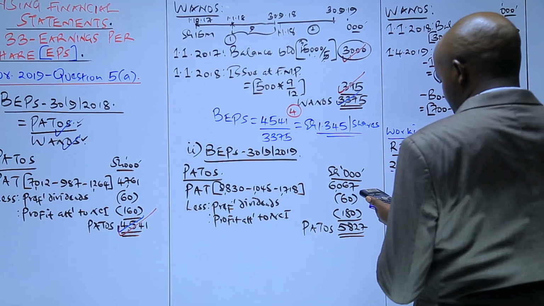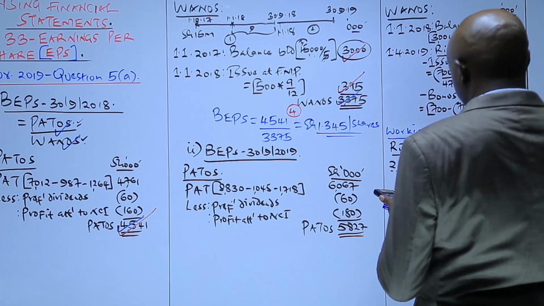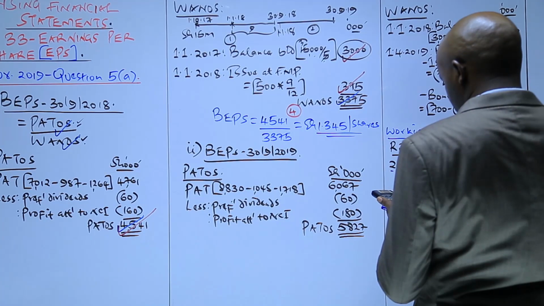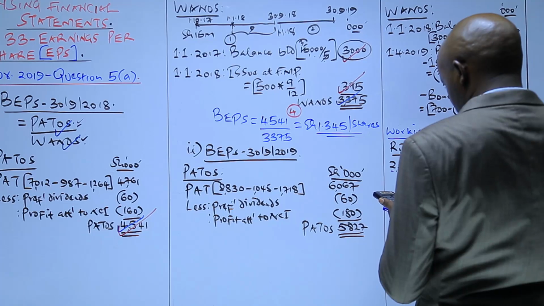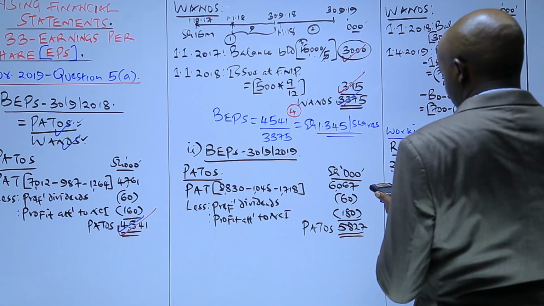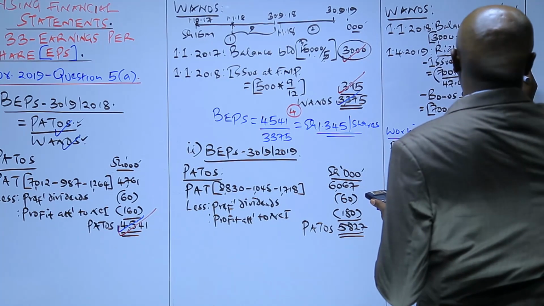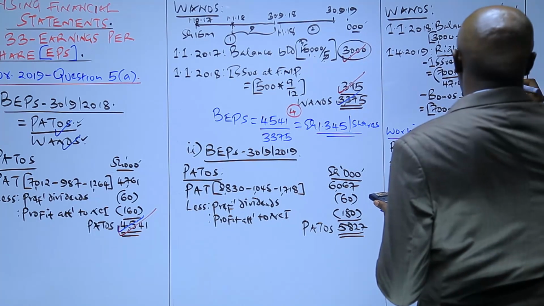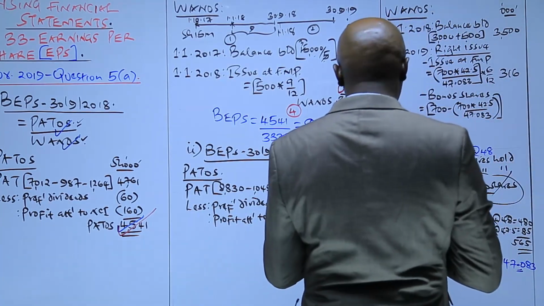We have 700 times 42.5 divided by 47.083, and then divide that by 2. That will give us 315.9. Can we take it as 316? Yes, let's take it as 316, and then we compute the bonus element.